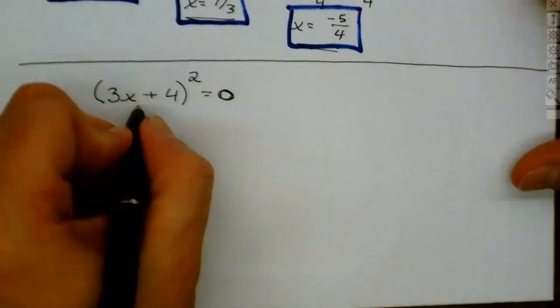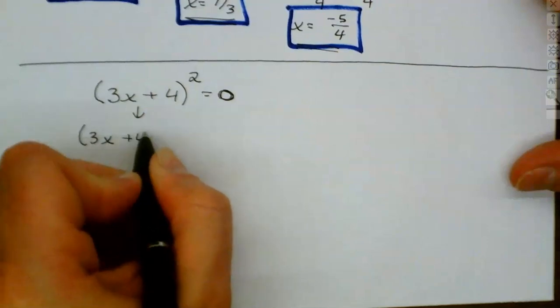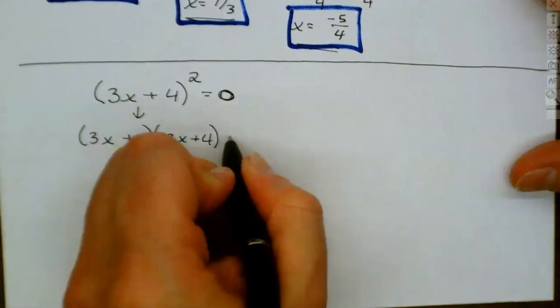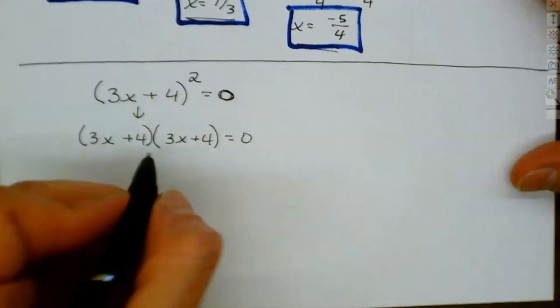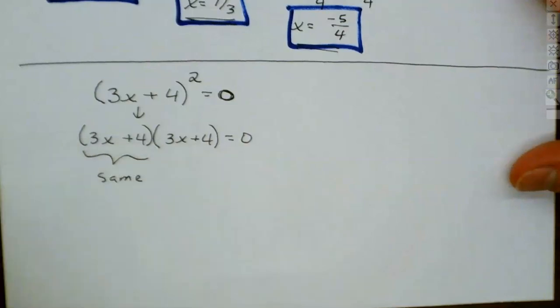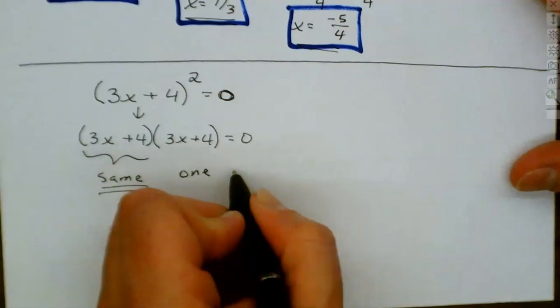We can, though, rewrite this as 3x plus 4, 3x plus 4, and it's already equal to 0. These are the same. So what does that tell you then? That tells you, since these are the same, you only get one solution.